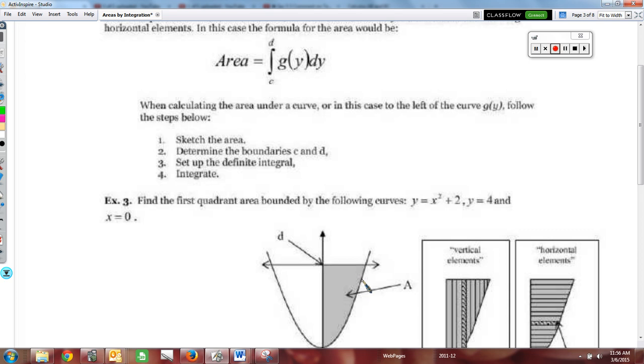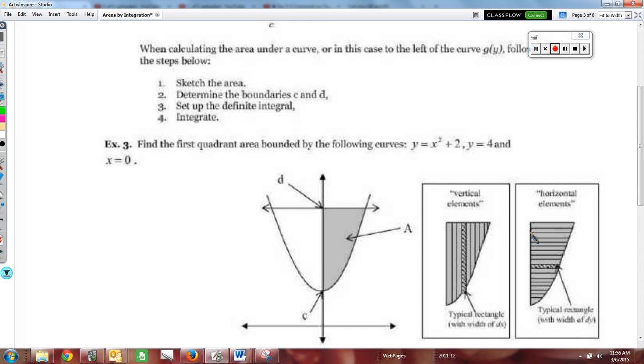I want to draw my rectangles horizontally. And when I draw my rectangles horizontally, now the width of my rectangle is going to be a delta y, not a delta x. When I draw them vertically, the width is going to be a delta x. So we have to change this so that we get this in terms of y.